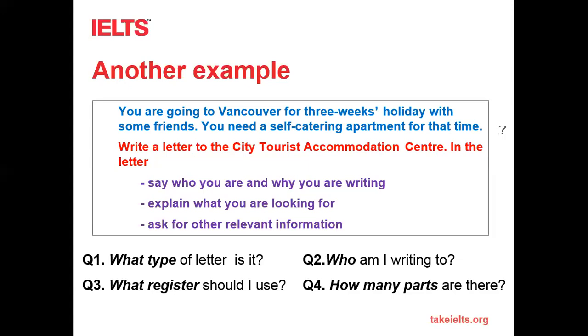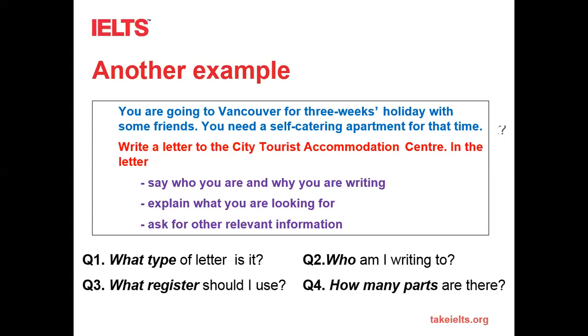That's 3 weeks, a nice long holiday. We're looking for self-catering accommodation, possibly a flat. Maybe say how many bedrooms you're looking for. In this case, probably 4. Ask for other relevant information.